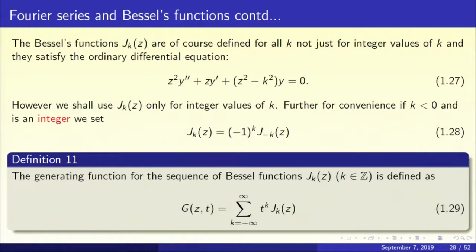This series will converge for all values of z and for all non-zero values of t. It's exactly to establish the convergence of this series that we need the elementary estimate that we just established, mod J_k(z) less than or equal to mod z to the power k upon k factorial cos hyperbolic mod z.